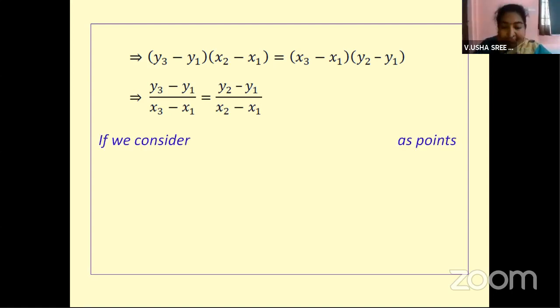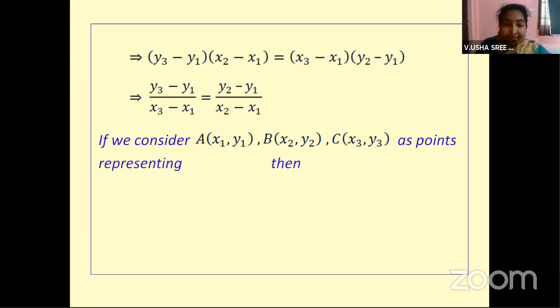So if we consider A represented with x1, y1, B as the point represented with x2, y2, and C as the third point with x3, y3, which are representing the complex numbers z1, z2, and z3, then I can clearly say this is nothing but slope, children. What is slope of AC? Slope of AC is nothing but (y3 minus y1) by (x3 minus x1).